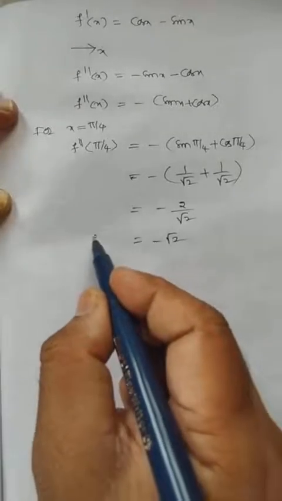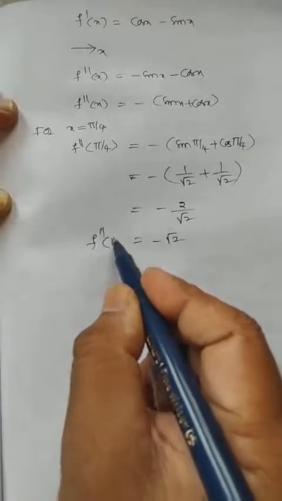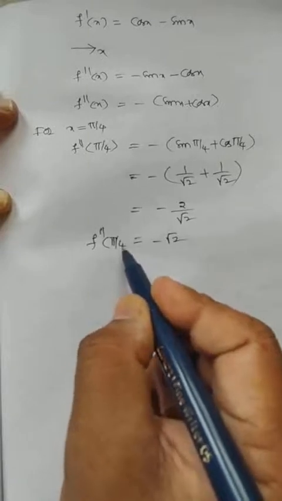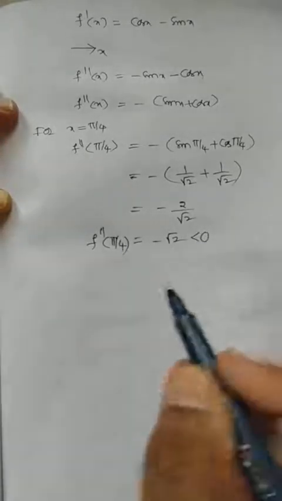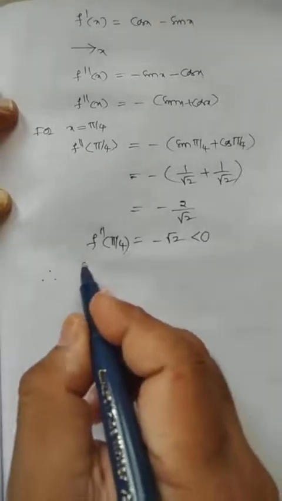So f double dash of pi by 4 is negative, less than 0. Therefore what will be our conclusion?